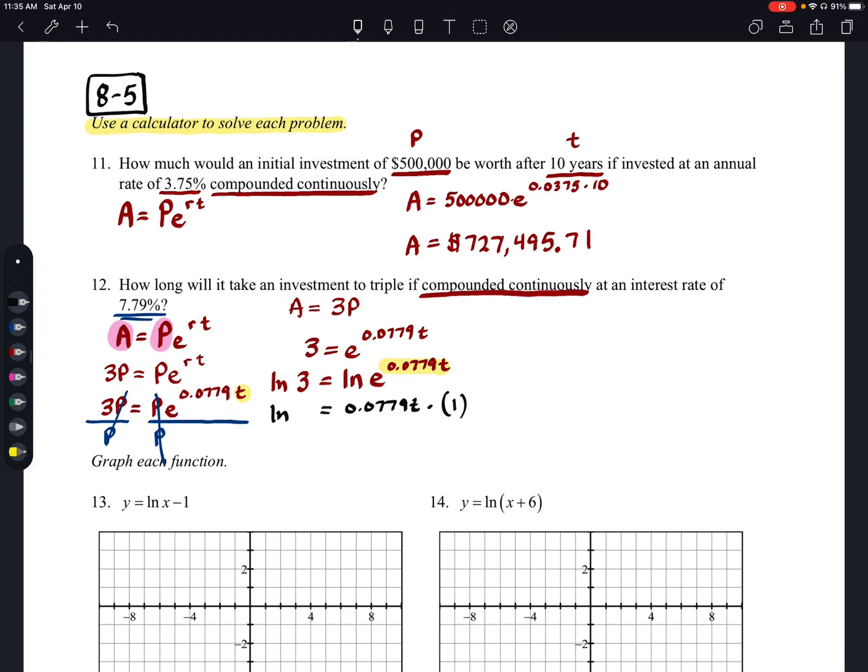And that equals our natural log of 3. So this 1 becomes irrelevant, and we can say the natural log of 3 equals 0.0779t. And if I want t by itself, I'm just going to divide each side.